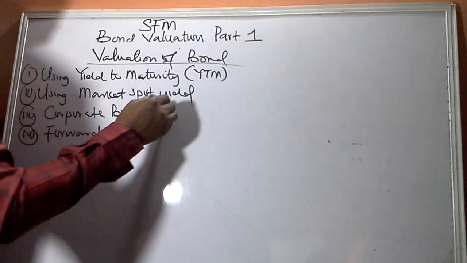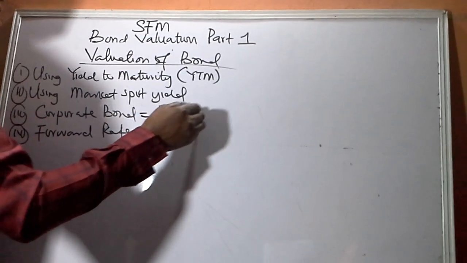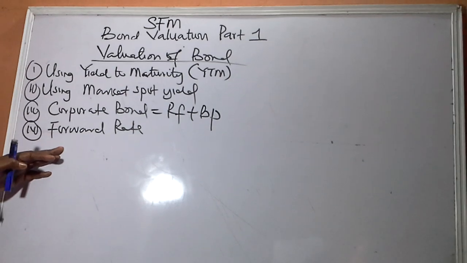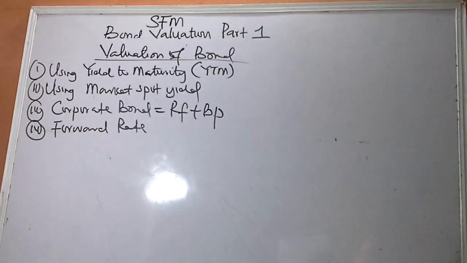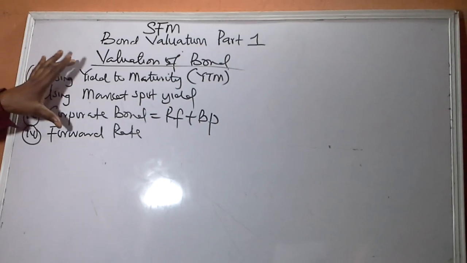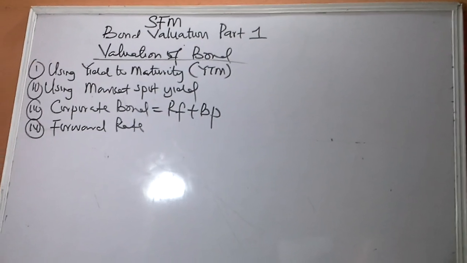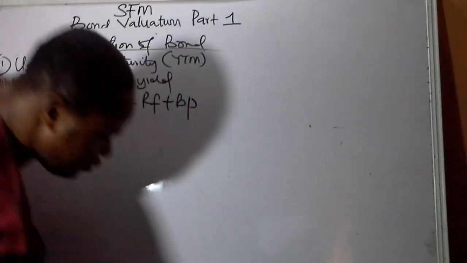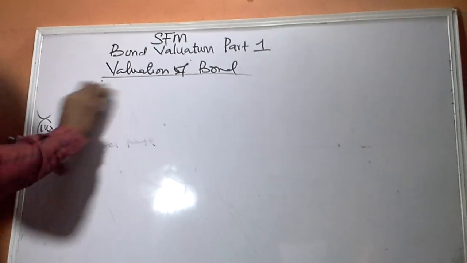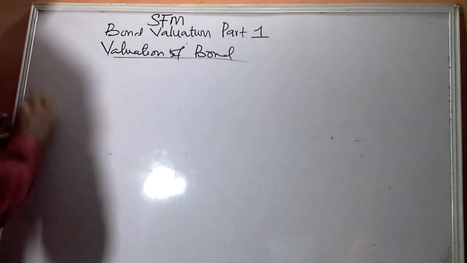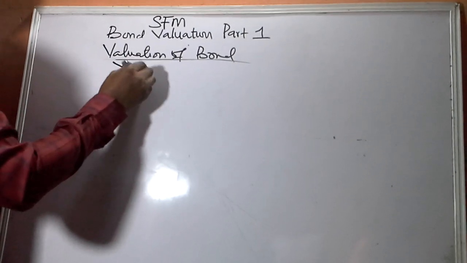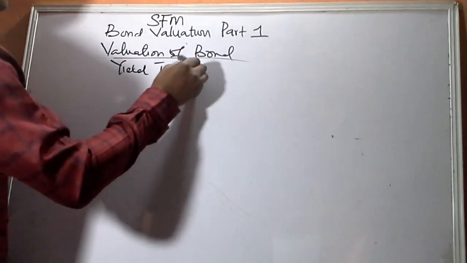This is the risk-free plus basis point, or using future rate of interest, to determine the price of the bond. So it is on these 4 bases that bond valuation can be done. So I am going to start first now with the yield to maturity. That is bond valuation using yield to maturity.